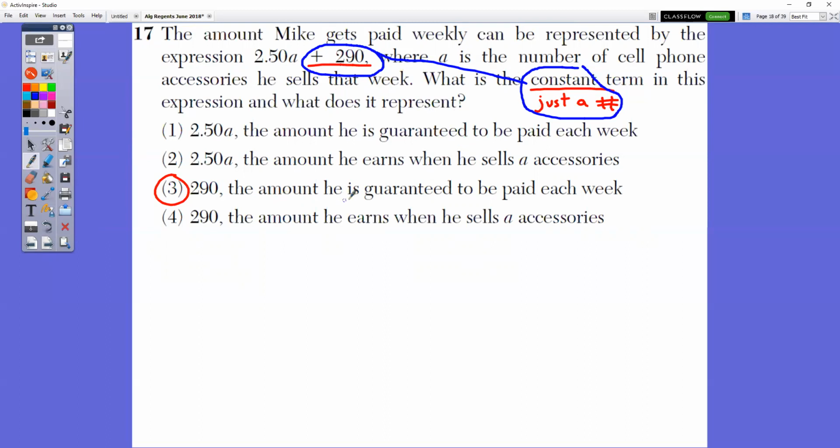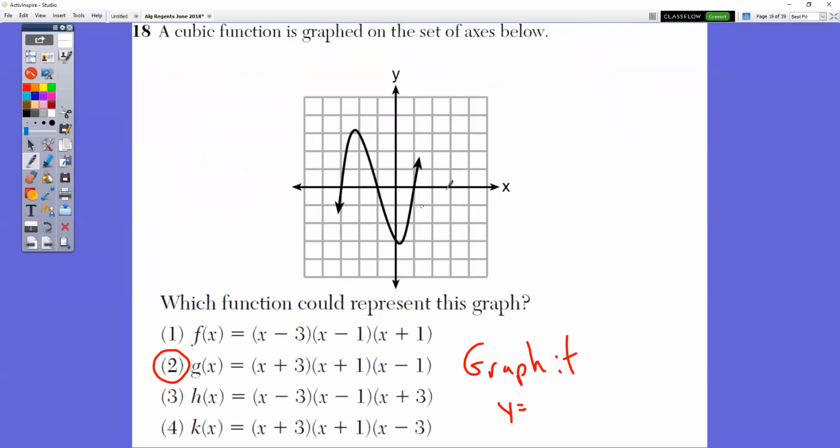That 290 is the amount of money that he's guaranteed each week. So no matter how many accessories he sells, he earns $290. Plus, he earns sort of like a bonus. He's working on commission, right? For every accessory that he sells, he earns $2.50.